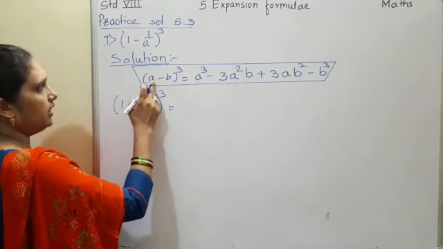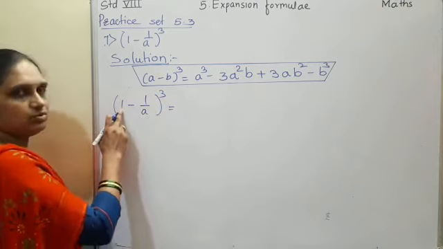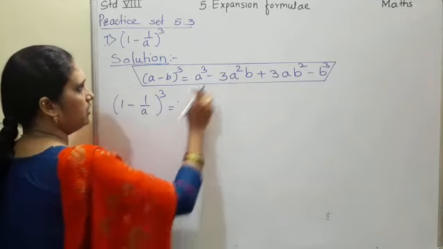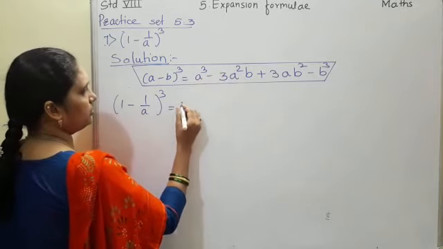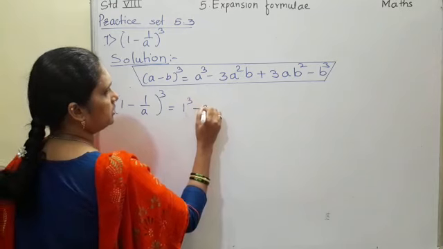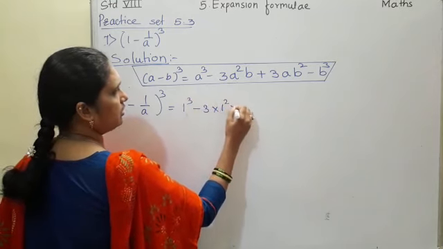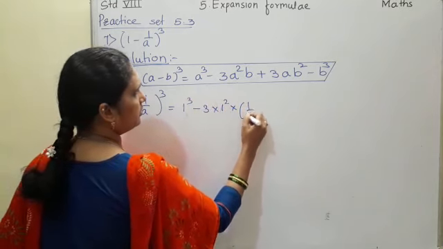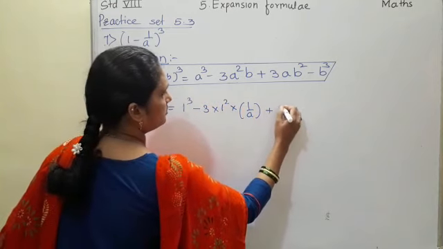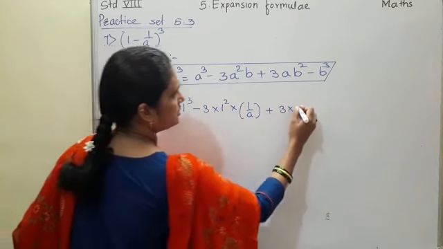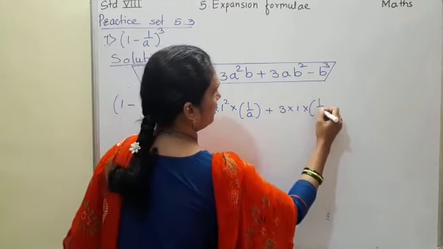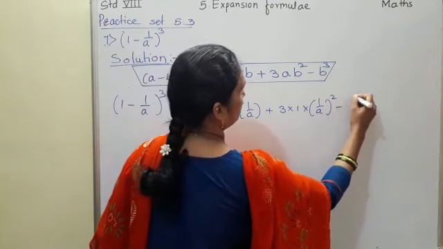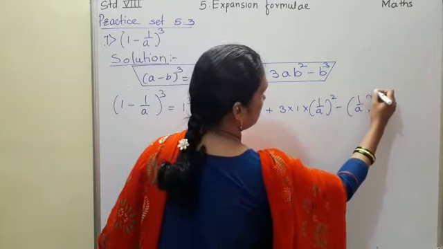By comparing, a means 1 and b means 1 upon a. So simply put the values wherever a and b are. So a cube means first number cube, minus 3 into first number square into second number, plus 3 into first number into second number square, minus second number cube.